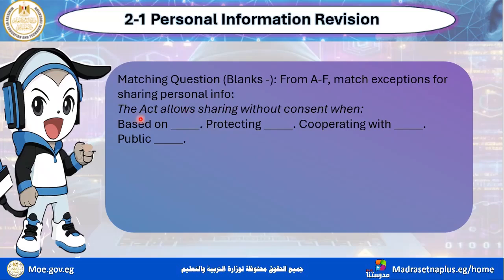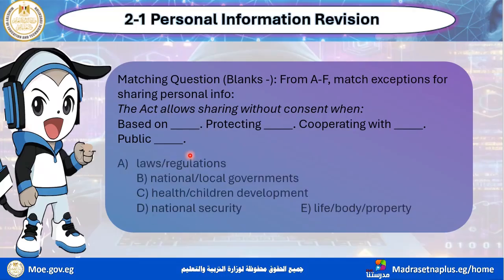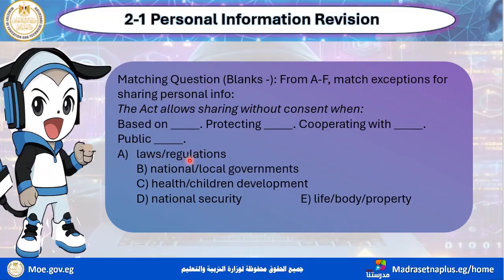Well, the Act allows sharing without consent when based on what, protecting what, and cooperating with, and public what exactly? So laws, regulation, national local government, health, children development, national security, or life, body, property. So which one will we put here or there?